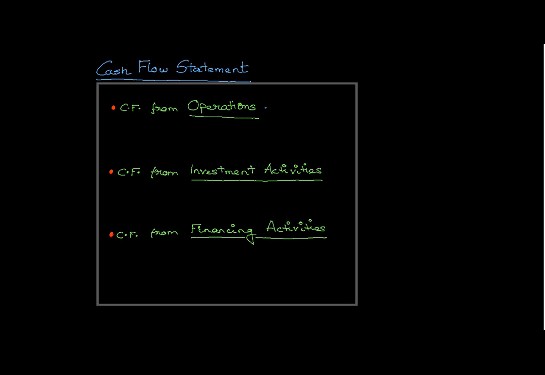Okay? Now, why is the cash flow statement important? Well, the cash flow statement is important because the method of accounting that is used to create financial statements like the income statement and the balance sheet is accrual accounting.